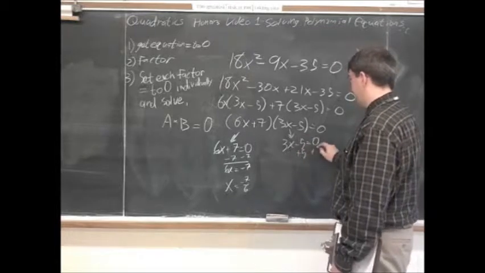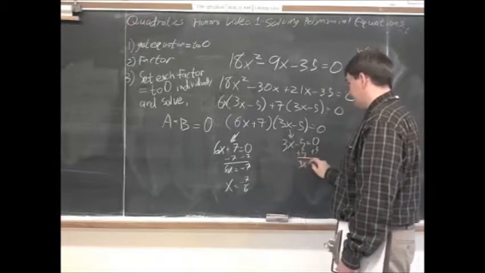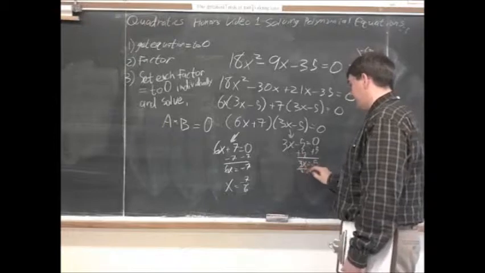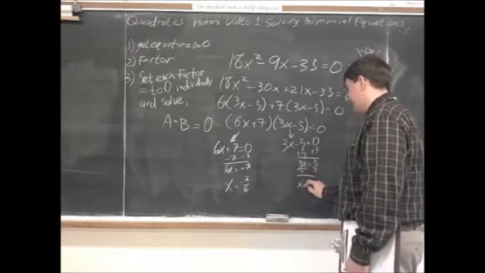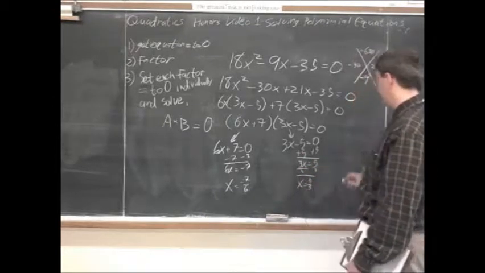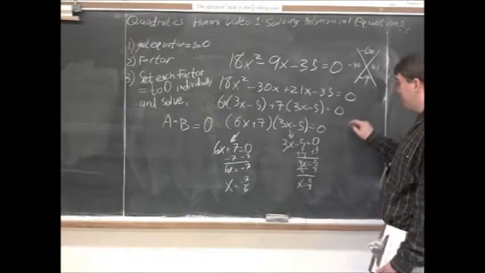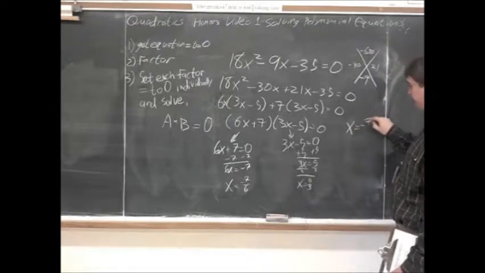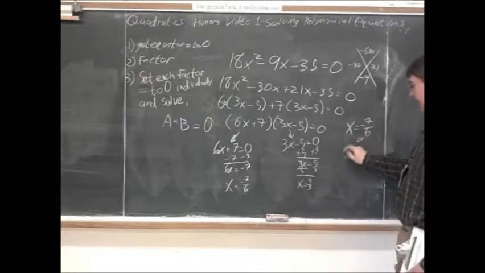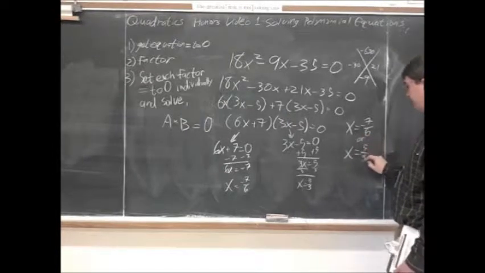Adding 5 gives me 3x equals 5. Divided by 3, we get that x equals 5/3. So our answers, we have two of them. x equals negative 7/6, or x equals positive 5/3.